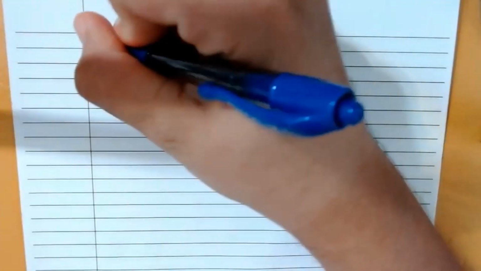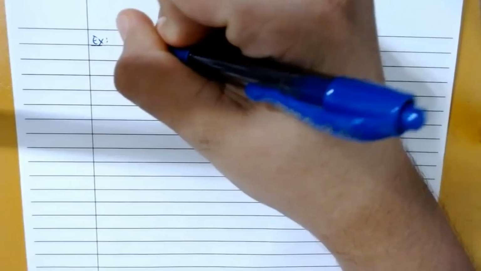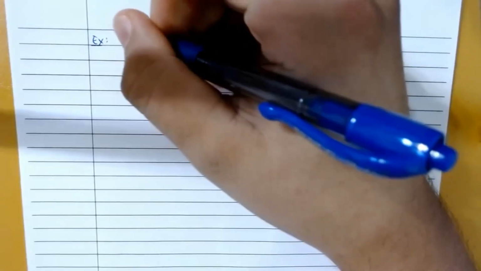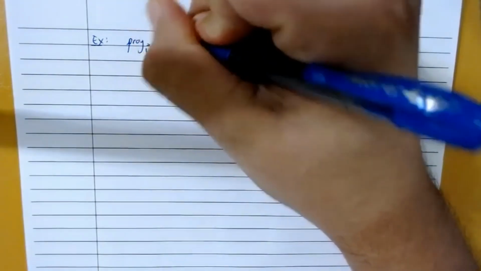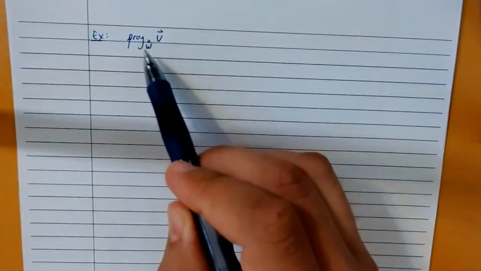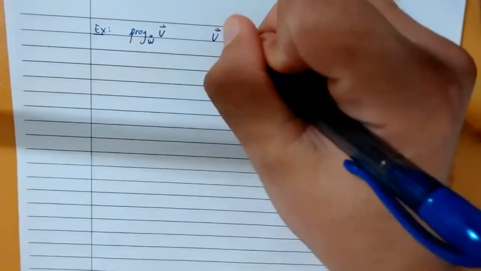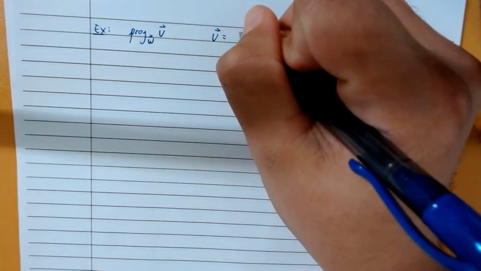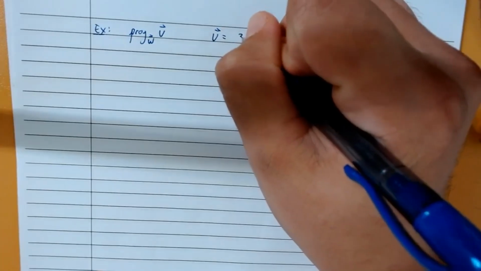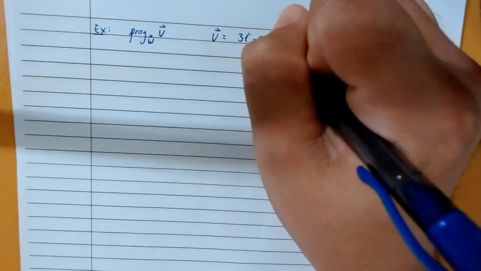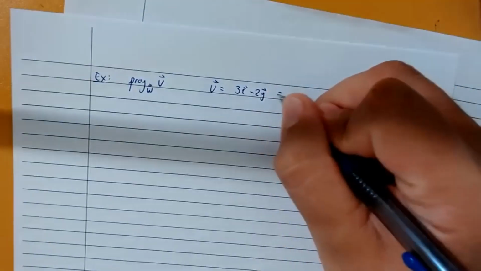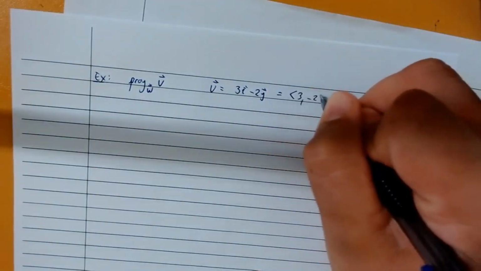So now let's consider an example. Let's find the projection of v onto w. Remember the notation. This is the one that you're projecting, this is the one you're projecting onto, where v is equal to the vector 3i minus 2j, which remember can also be written in component form as 3 comma negative 2, whichever one you're more comfortable with.